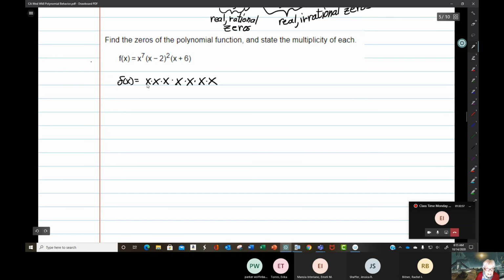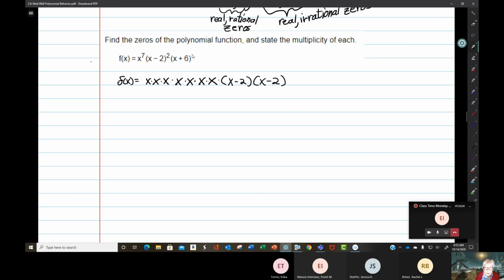Now I believe that's 7 factors, right? 1, 2, 3, 4, 5, 6, 7. Yes, it is. Now, x minus 2 is squared, so we'll have times x minus 2 times x minus 2.